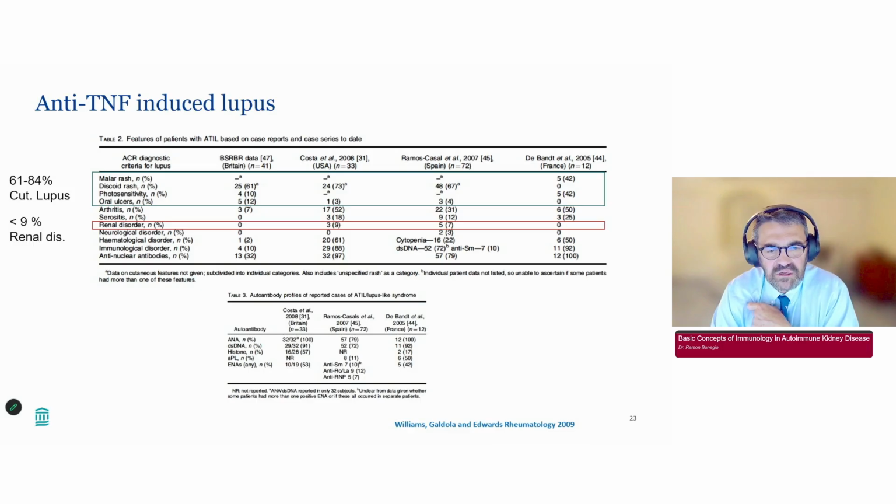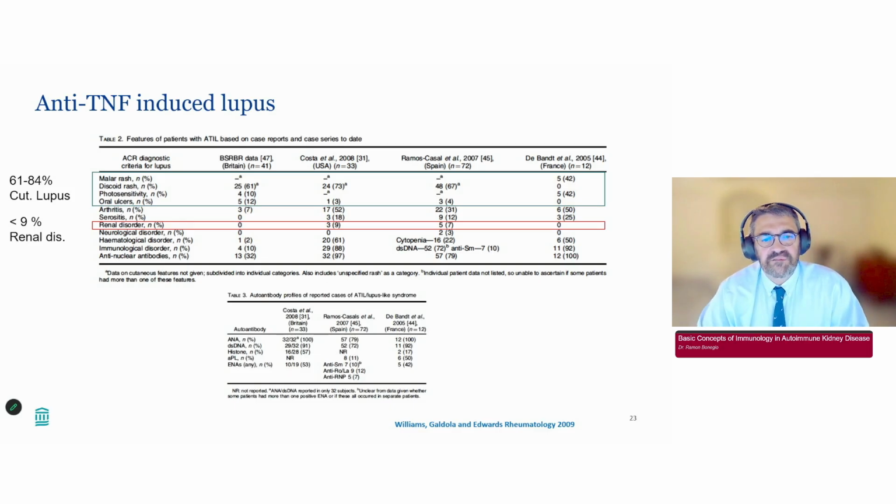If you look at the bottom there, that table 3, from this review by Williams and colleagues, you can see that almost all patients who are placed on an anti-TNF develop ANAs, anti-double-stranded DNAs, anti-histone antibodies. So, it seems that these anti-TNF medications actually cause the antibodies that are often associated with lupus.